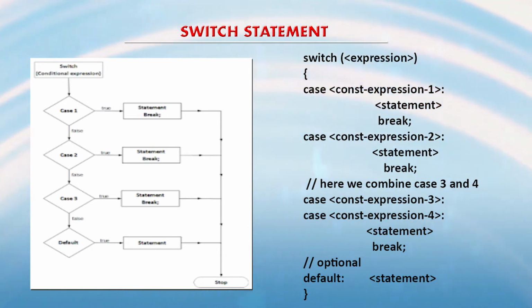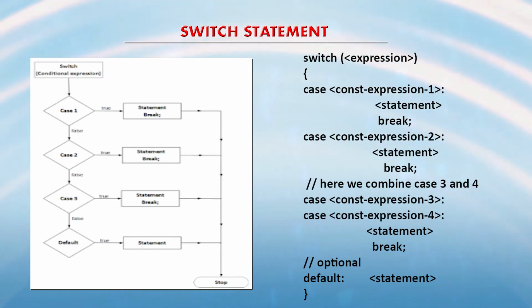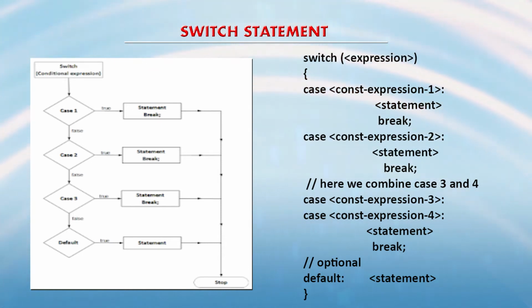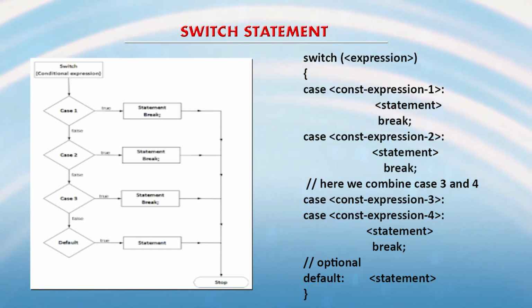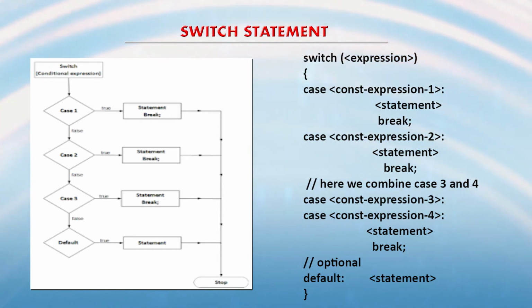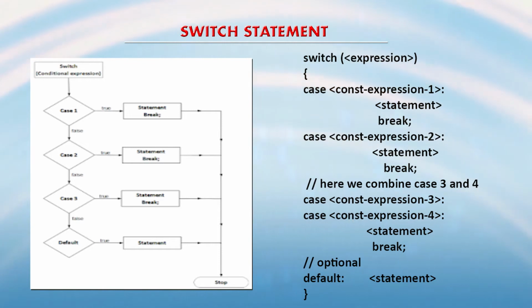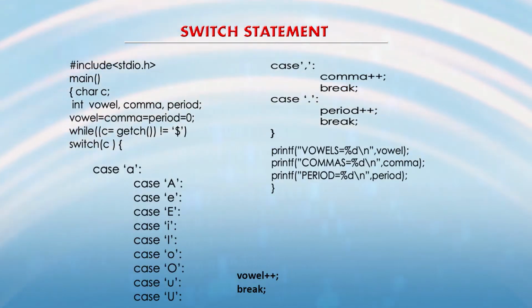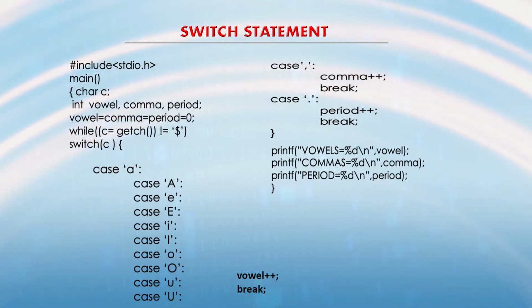So you are using the getchar function, and when the character is dollar, the program stops taking the input. So switch c, so you are taking the characters.